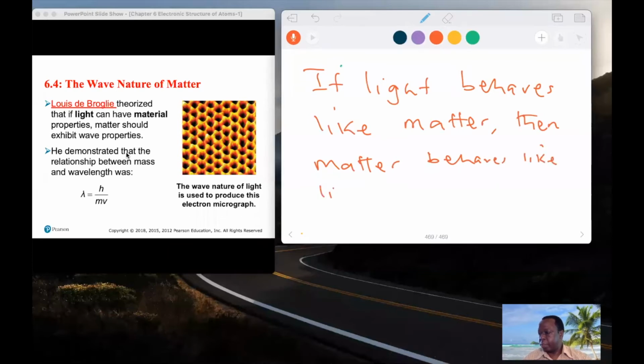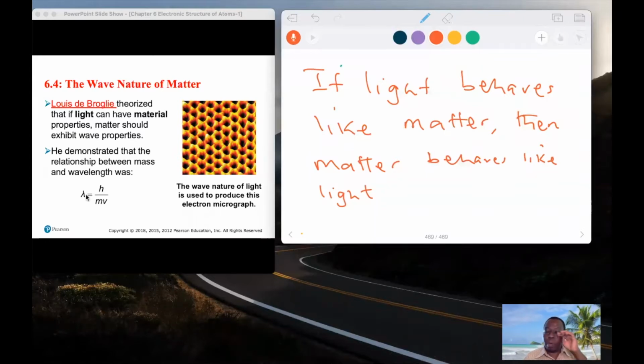What he was trying to explain is that if light has wavelength, amplitude, and so on, matter can also have a wavelength. In this case, we call this the de Broglie wavelength.